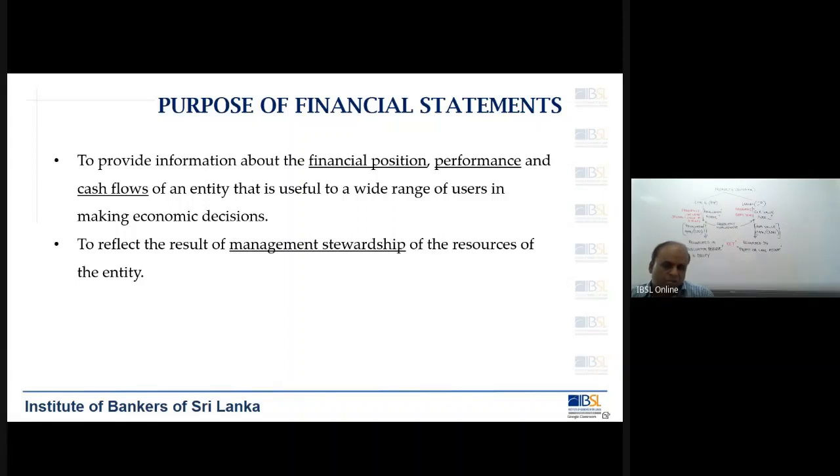There is another topic coming under your module, which looks at the regulations to banks. Under that, there is one topic called corporate governance. This corporate governance is what is meant by management stewardship. Management stewardship means how the companies are managed by the directors or the corporate management of your respective organizations.